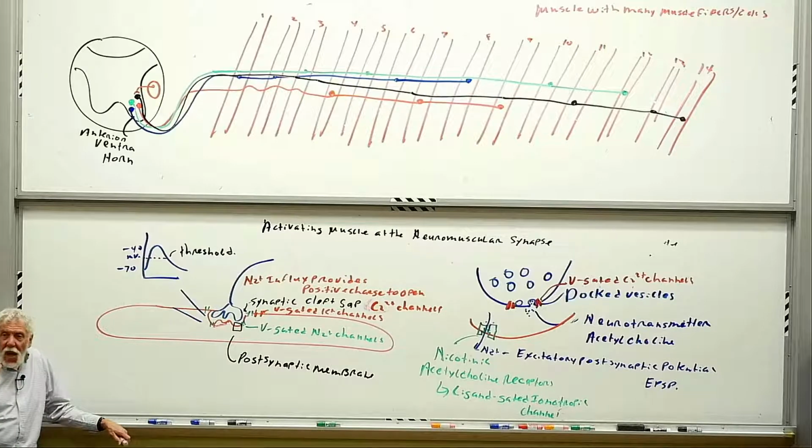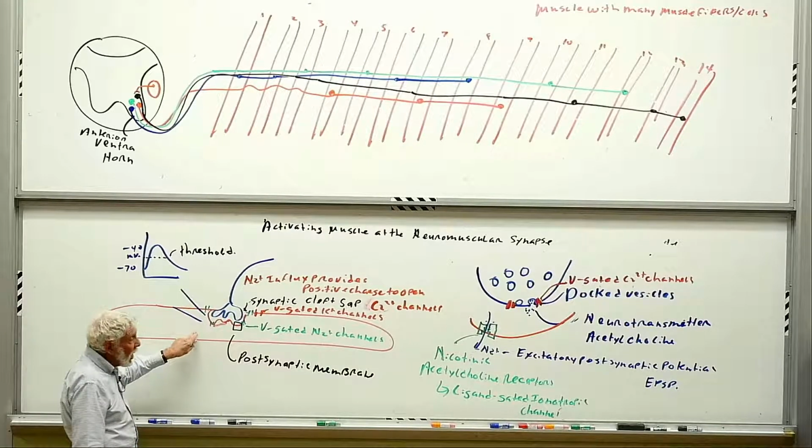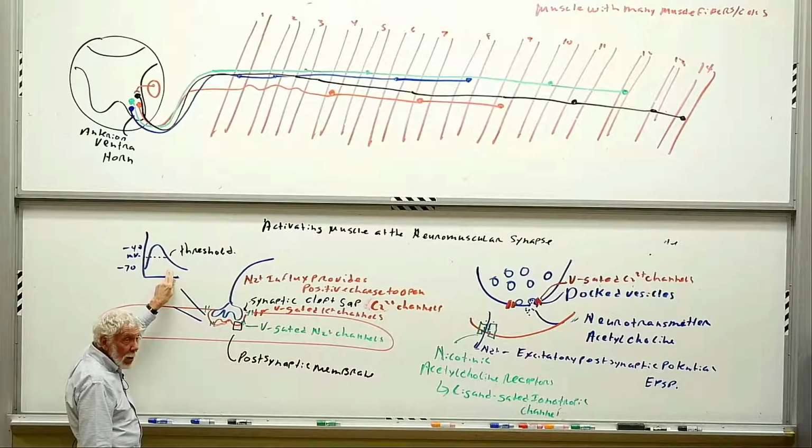So you have a kind of handoff here. You have the action potential arriving at the axon terminal. It then allows for the opening of calcium channels, allowing the calcium to come in, leading to the fusion of the synaptic vesicle with the plasma membrane, leading to the opening of these ligand-gated channels to produce an EPSP. But that's just the first step.